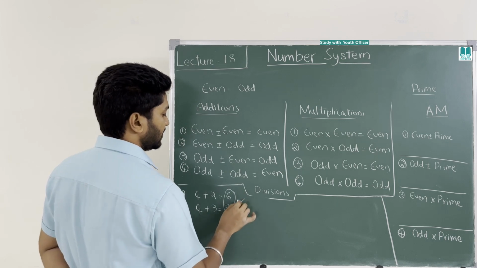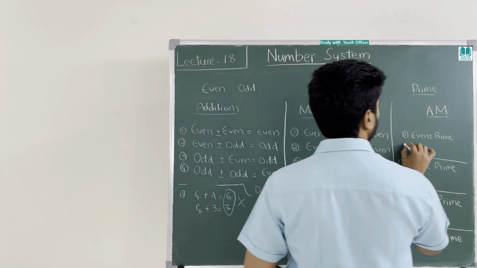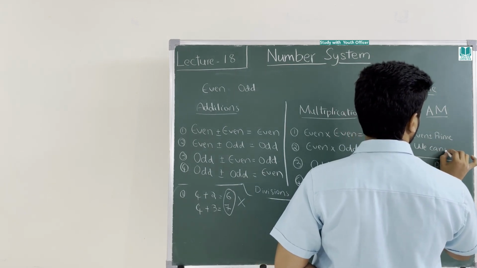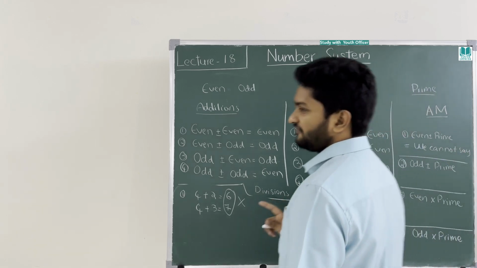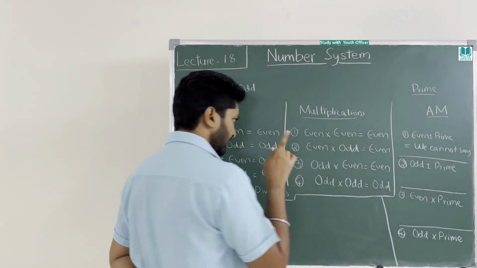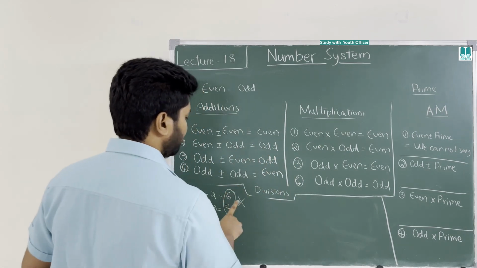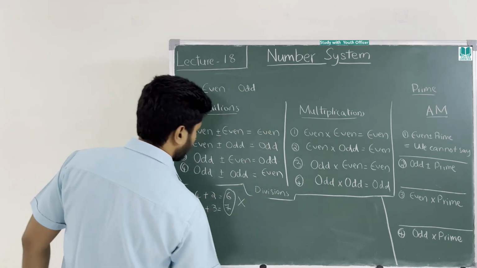That means we cannot say. We cannot say definitely that it is either even or odd or prime. Always it should come the same. If it fails in even one case, it has failed completely. Okay.